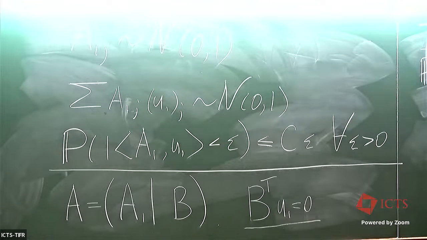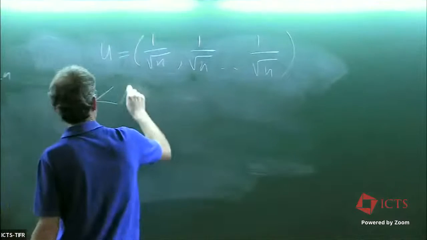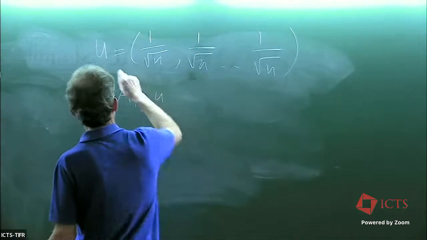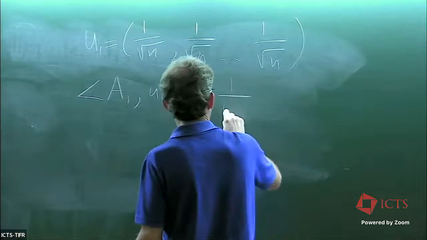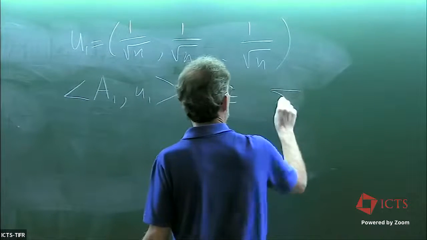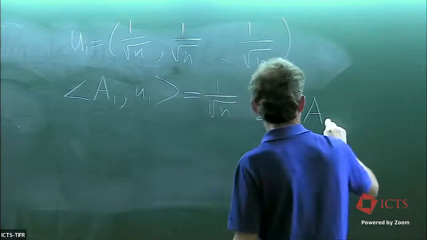But let's take the most typical vector, so to say, 1 over square root of n, 1 over square root of n, etc., 1 over square root of n. And then we have that A1 U1 is 1 over square root of n times the sum of A1j.